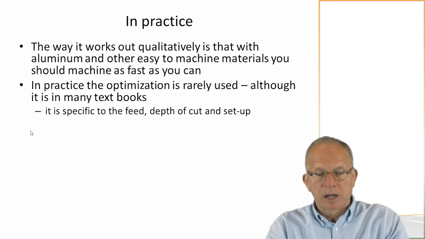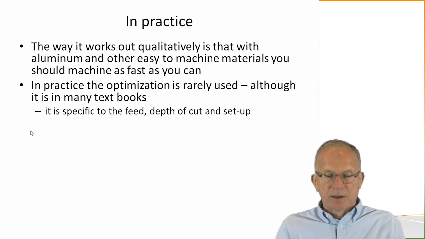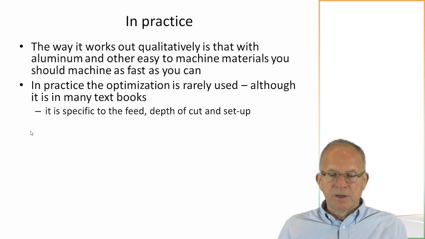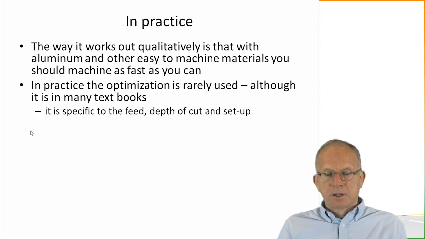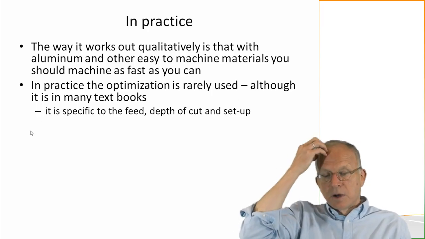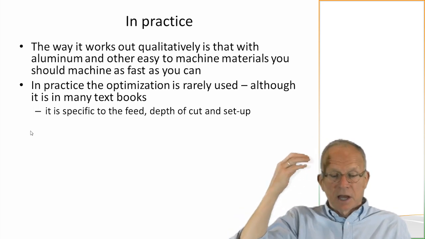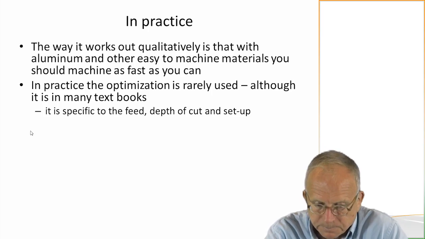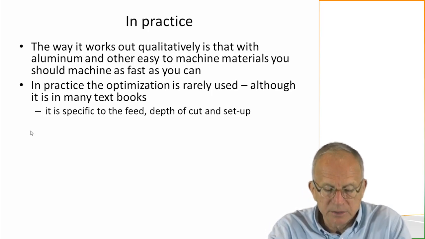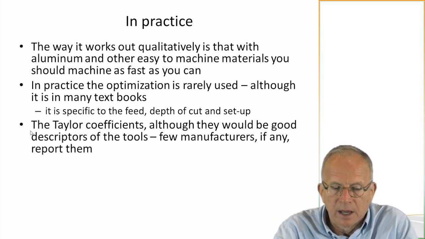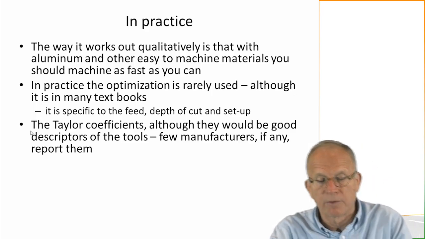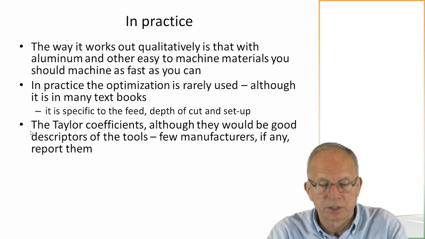So as I was saying, in practice, the optimization is never used. And part of the problem is that it's specific to the feed, speed, depth of cut that you're using. And how you've set things up, and the coolant, and so forth. So people tend not to use this. And people tend not to report the Taylor coefficients because they're so dependent on the situation.